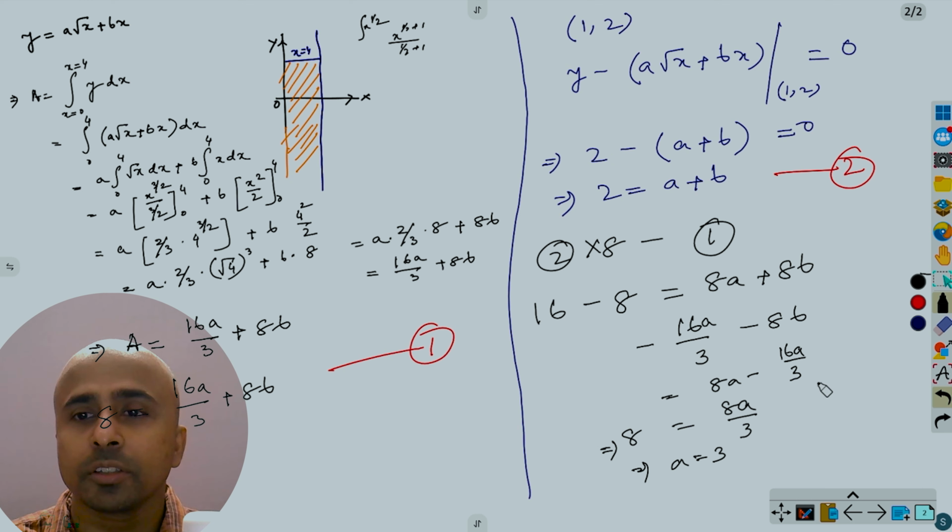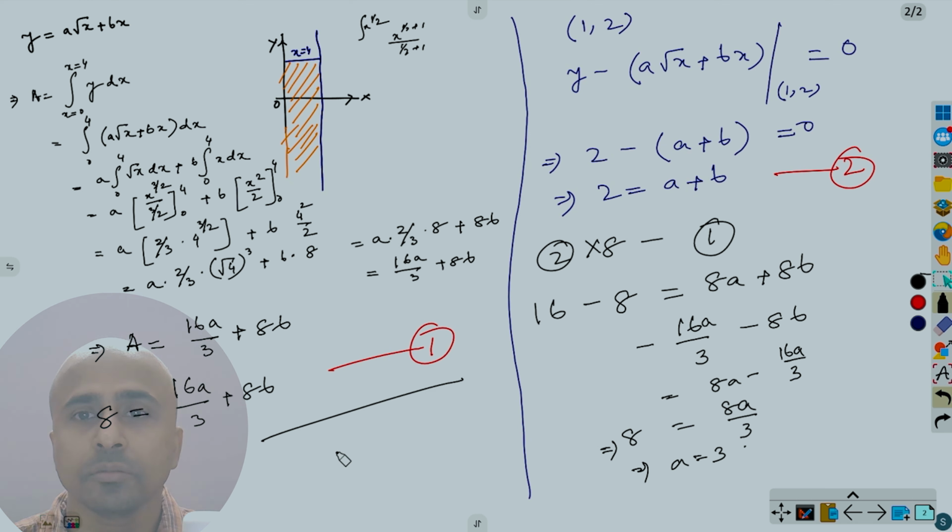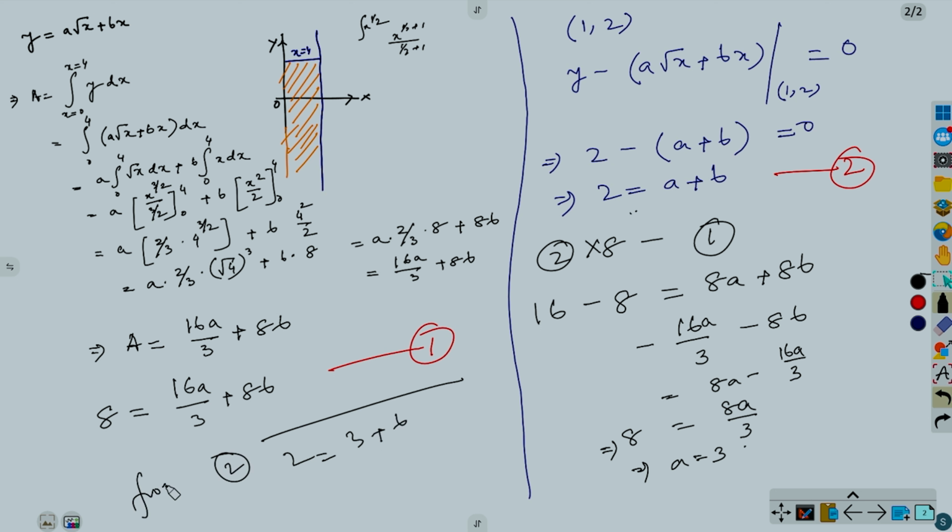Now if we substitute this value here, we all know how to solve linear equations. So this gives 2 equals 3 plus b, we just substitute in equation 2. And this gives b equals 2 minus 3 equals minus 1. Therefore the values are a equals 3, b equals minus 1.